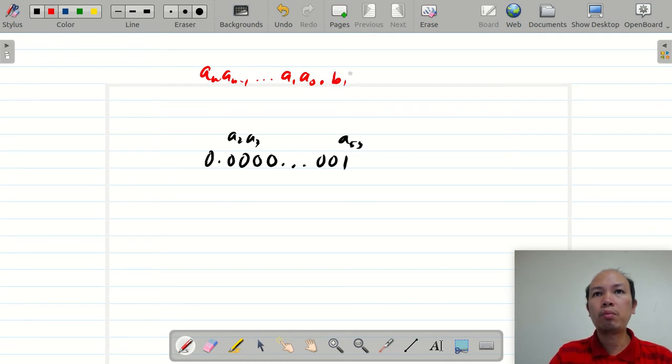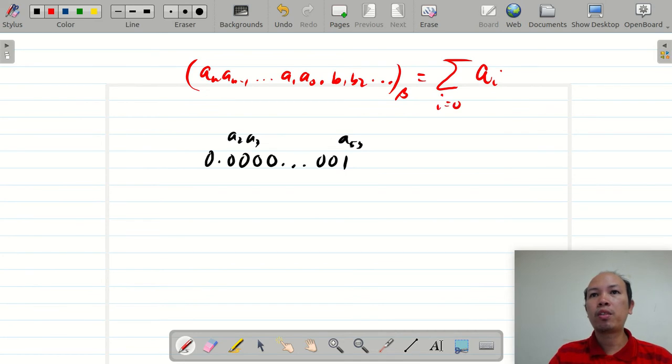Then b sub 1, b sub 2, to b sub, and so on and so forth. We know that if this is base beta, you can write this as the summation of a sub i, i from 0 to n, times beta to the i. This is the integral part.